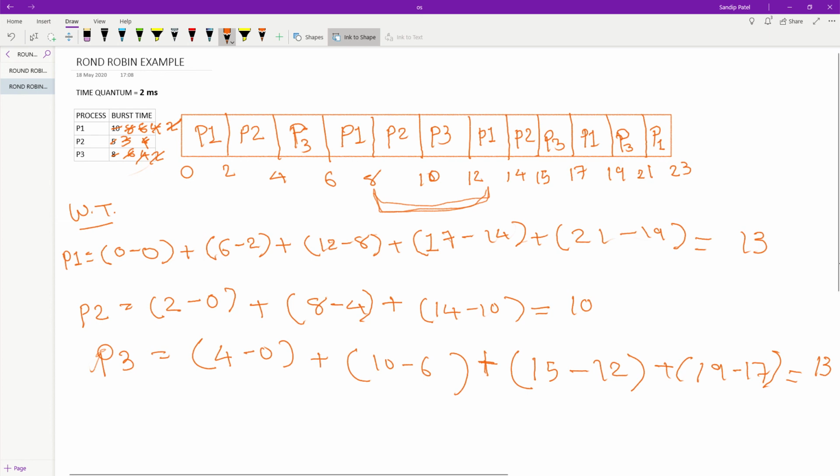Here you can see the waiting times for P1, P2 and P3 this way. Now you can easily find the average waiting time for the processes.